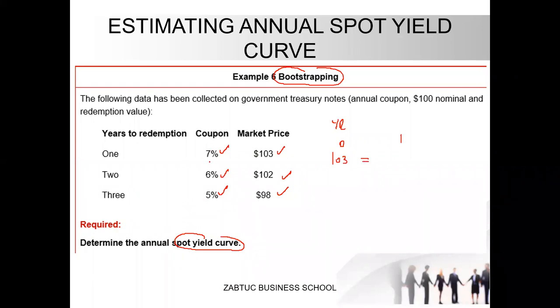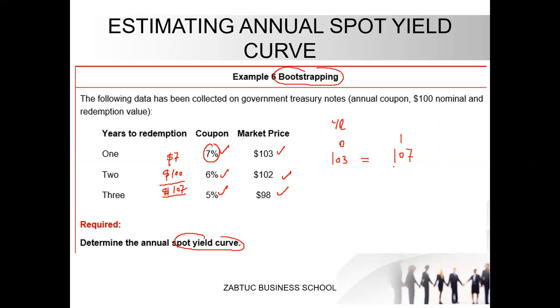You are going to receive interest at how much? 7%, which is $7. And also it's redeemable at par, which is 100. So what you're buying really is a cash flow of 107. So 1 year later, you're going to receive your 107.